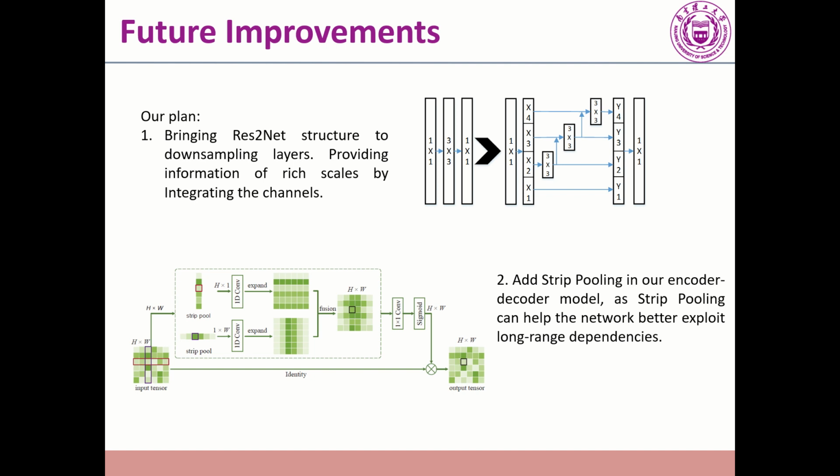Secondly, we want to add strip pooling in our encoder-decoder model, as strip pooling can help the network better exploit long-range dependencies.